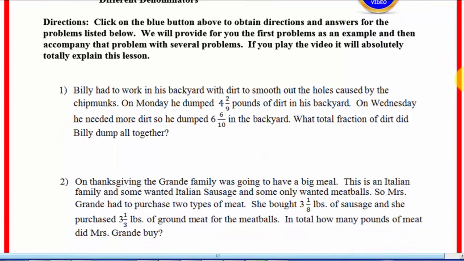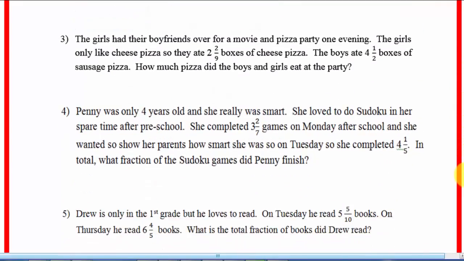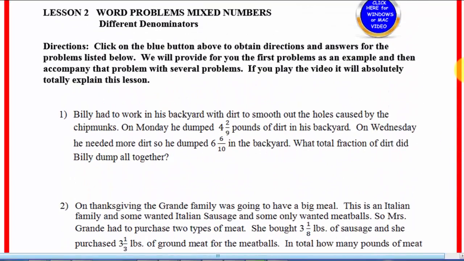If you look carefully, you'll notice that we have 5 problems. What we like to do, however, is use the first problem as an example, so we can show you exactly how to do this so there's no question in your mind. Okay, let's read it. Billy had to work in his backyard with dirt to smooth out the holes caused by the chipmunks.